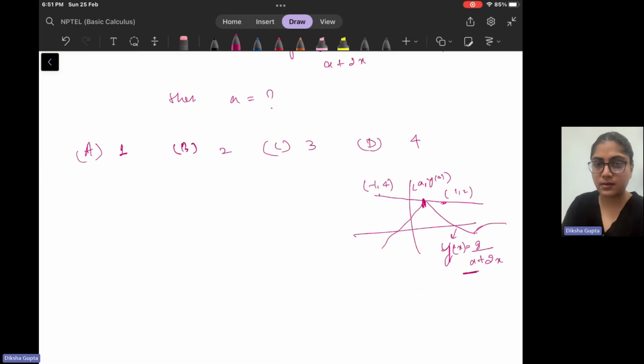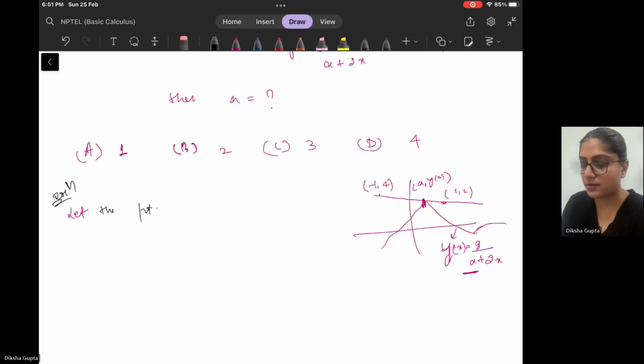Now see, let the point where it touches the curve be given by (b, y(b)), not 8, because we have already been given the curve.